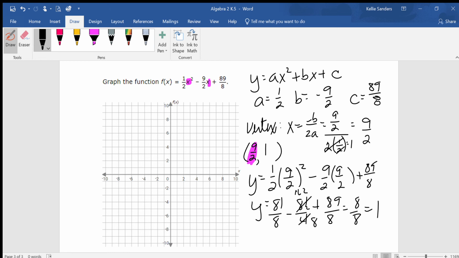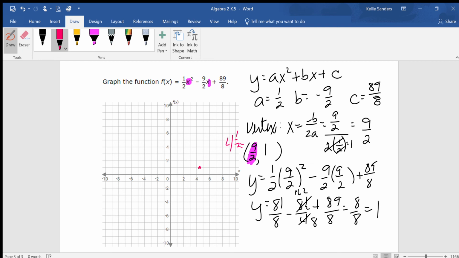Woohoo! Alright, so 1. Now what is 9 over 2? 9 over 2 is 4.5 because 2 goes into 9 4 times with 1 left over. So 4.5 and 1 would be right there.